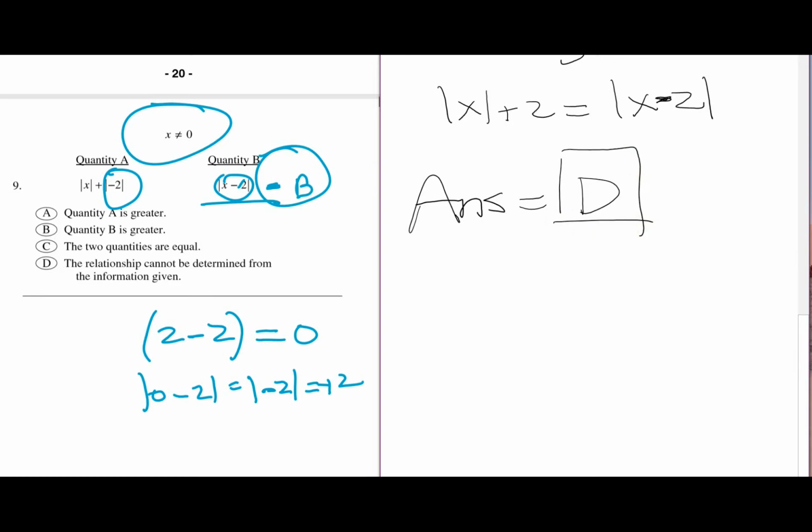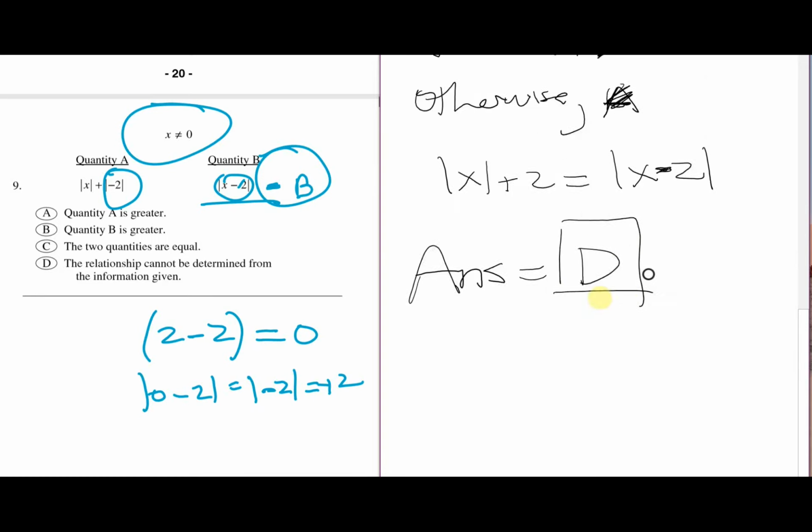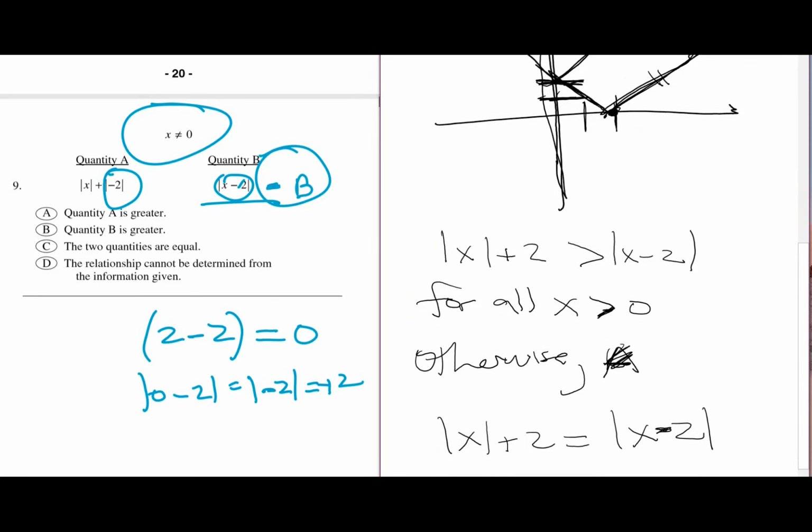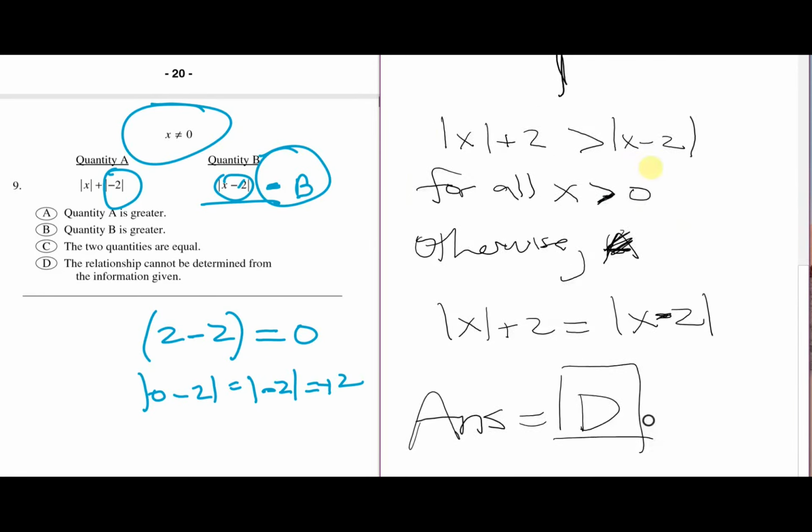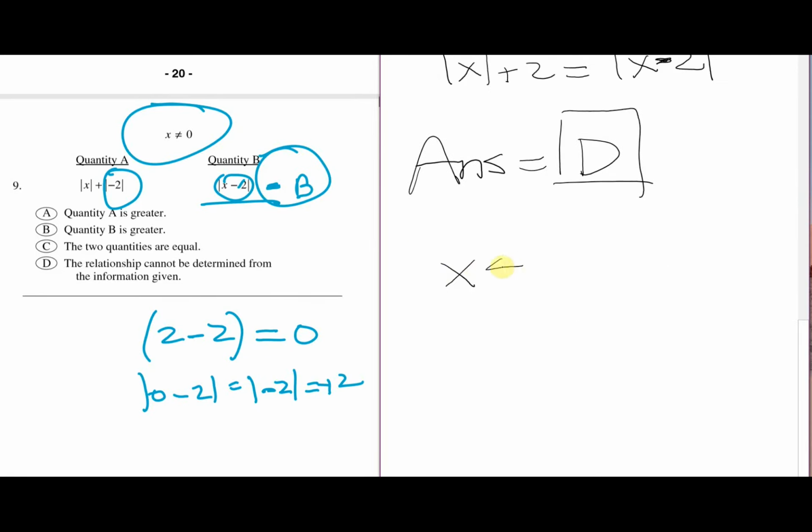Now, if they had given you that x is less than or equal to 0, then it's equal. But they didn't. They said x is not equal to 0.